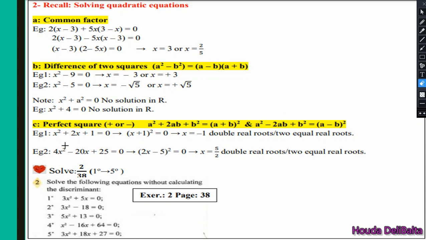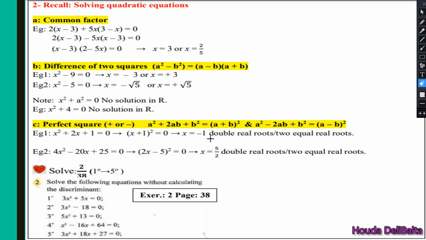And here is the first example. I have x squared plus 2x plus 1, then it is definitely x plus 1 squared. If I'm going to solve this equation, all I have to do is take x plus 1 equals 0, and the answer is minus 1, and we call it a double root because it was x plus 1 squared.